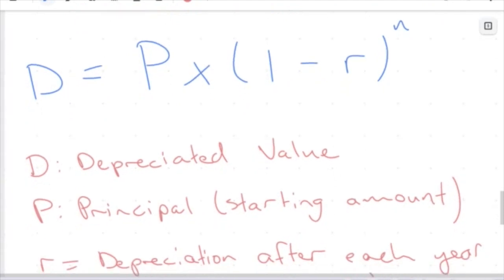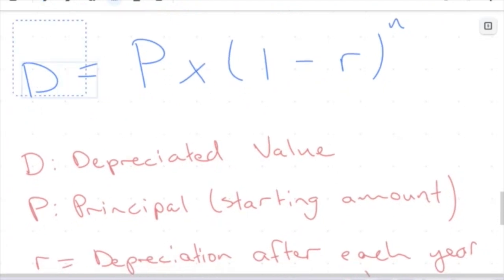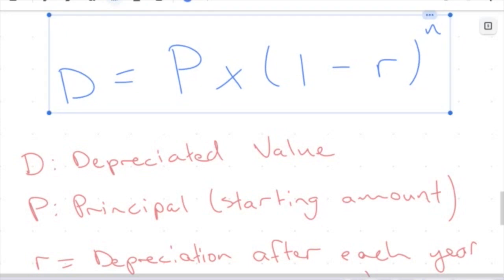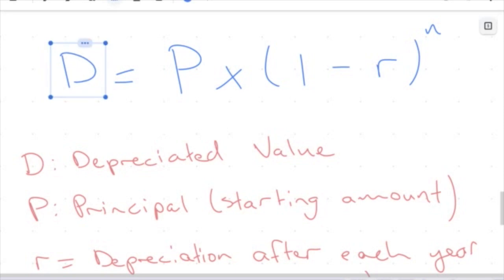So you can see here that the depreciation formula is very similar to our compound interest formula. The only difference is, with our compound interest, our thing was getting bigger, whereas now it's depreciating, it's going down. That's why instead of the plus for my compound interest formula, I have a minus.